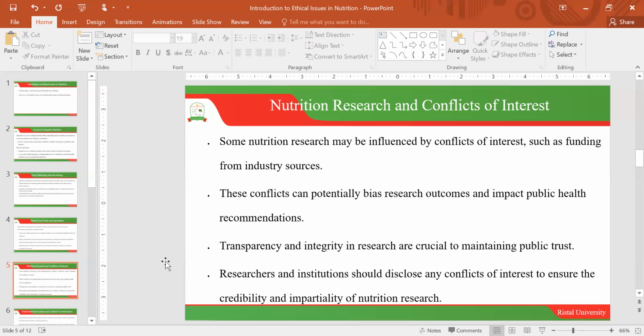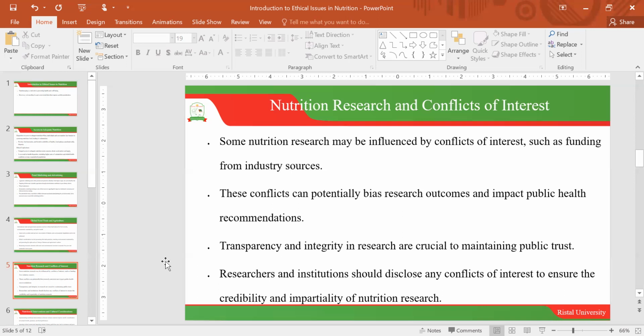This could be because they're giving you some money for you to conduct a research. So you need to declare conflict of interest, because if you don't, your research is going to be deemed to be biased, and the conclusions or the recommendations may not actually be taken seriously.